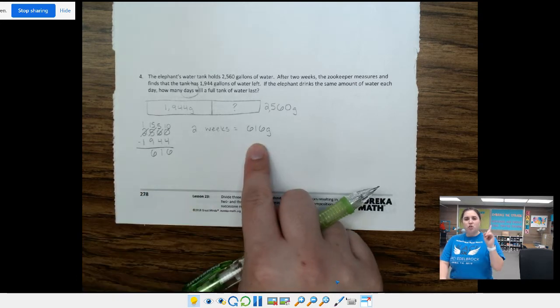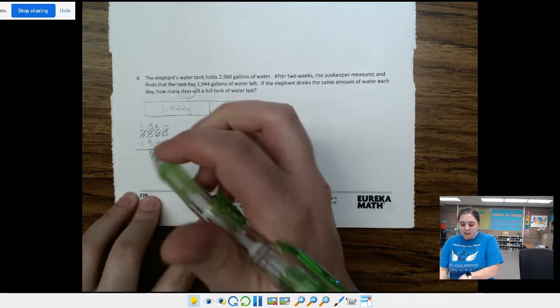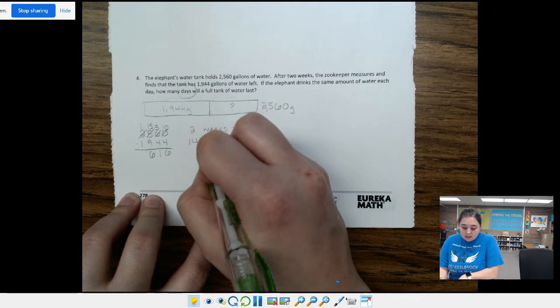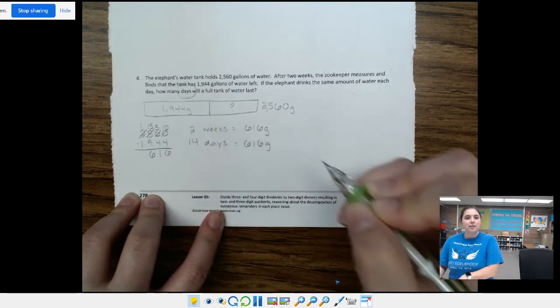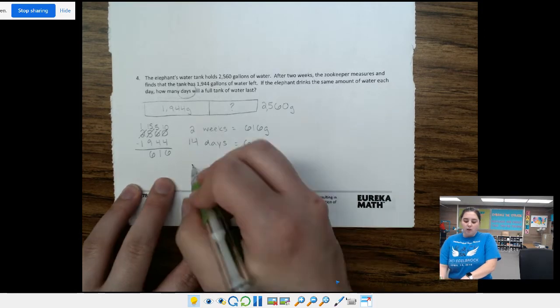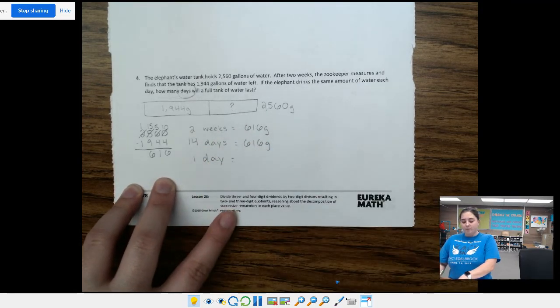Do we even know how much they're drinking in 1 day? No, because 2 weeks, that's the same as 14 days. So 14 days is 616 gallons. Can you figure out how many gallons would be in 1 day?